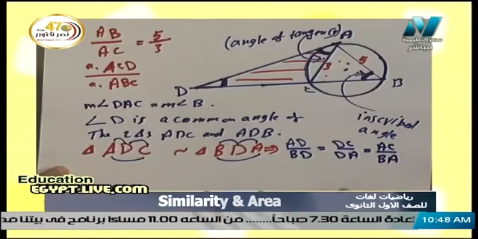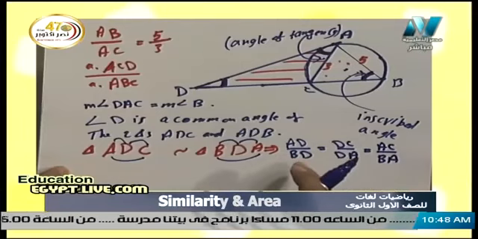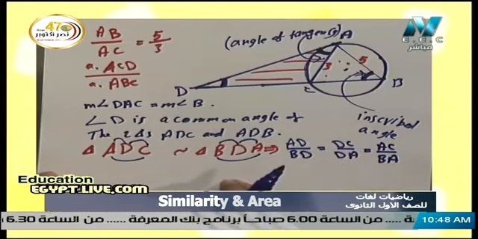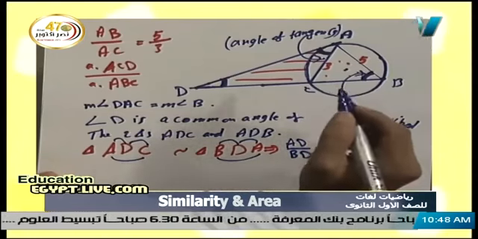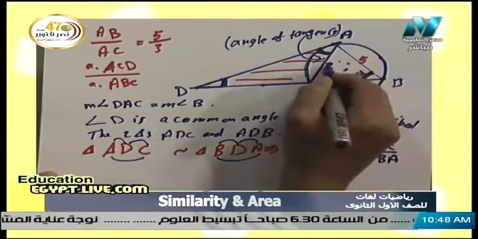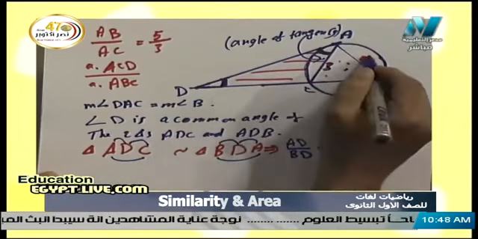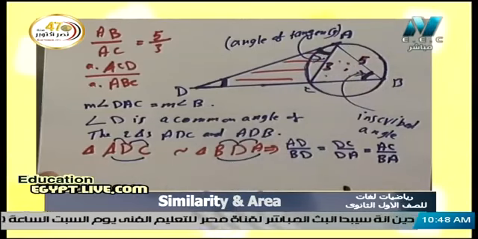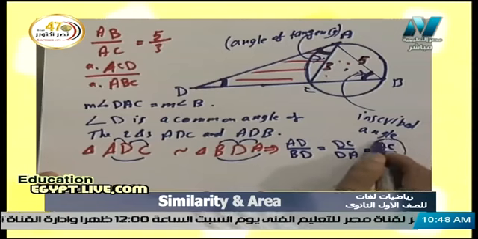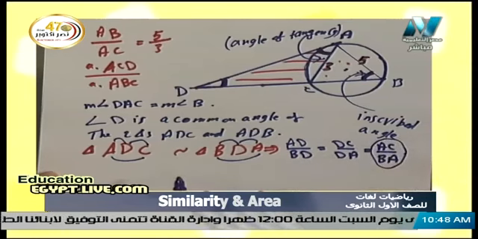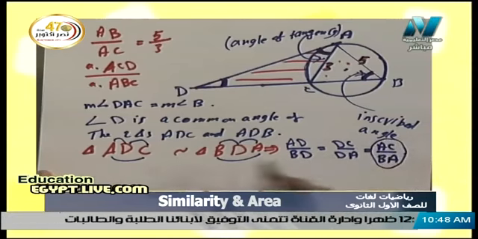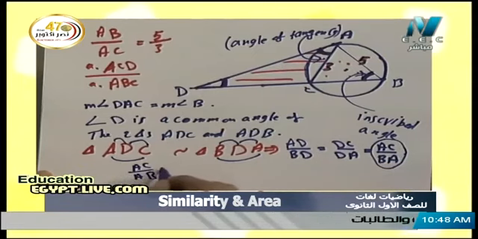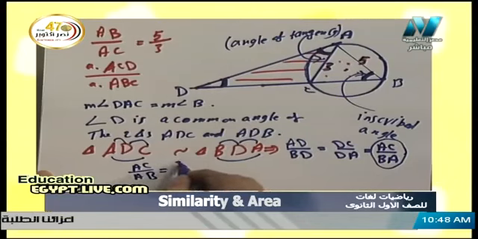Okay, so now we have that the similarity ratio, this one equals this one equals this one, and we will concentrate specifically on AC and AB because we have them. So AC over AB, or BA, equals 3 over 5.